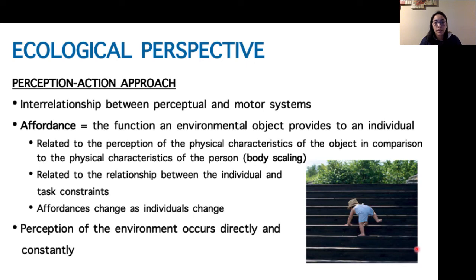We could also use the concepts of body scaling and affordances to make activities easier or more difficult by changing the size of equipment we give somebody, or we change the affordances that are adopted by that particular object. Some examples might be we provide children with larger crayons or pencils to draw or write with, to account for the fact that they're still developing fine motor skills.